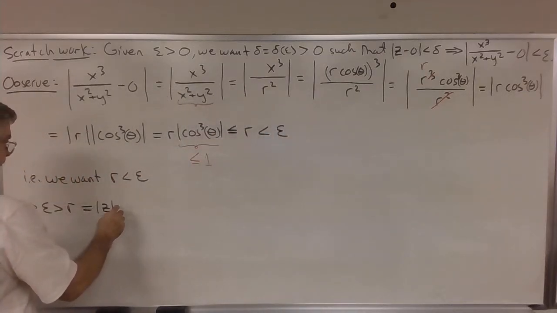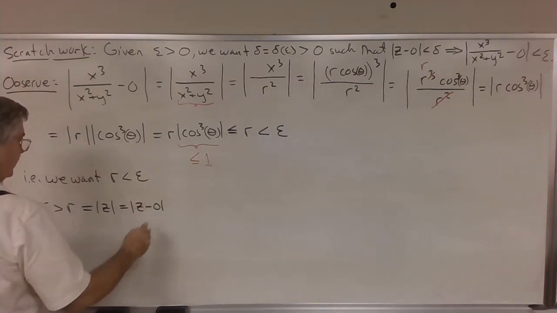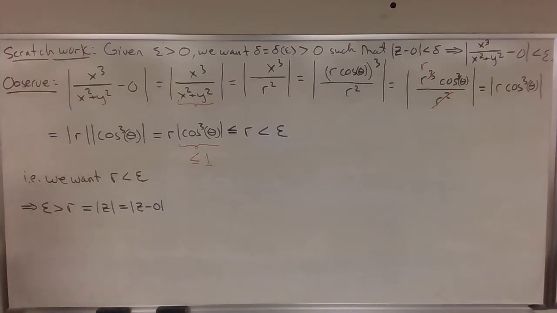So let's write z minus 0 here. So what we've just discovered is epsilon greater than r equals modulus of z equals modulus of z minus 0.